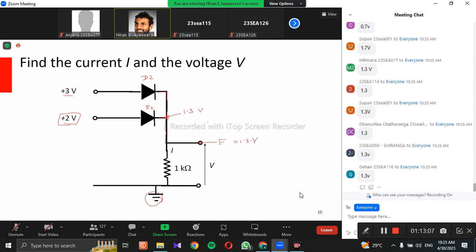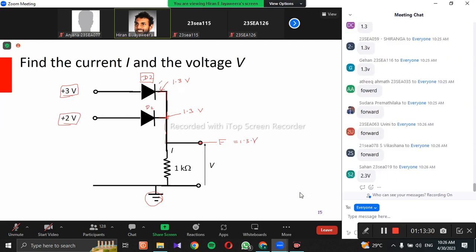Now, when you look at D1 diode, here you have 1.3 volts and this side you have 3 volts. What should be the biasing of that diode? This should be forward bias, right?